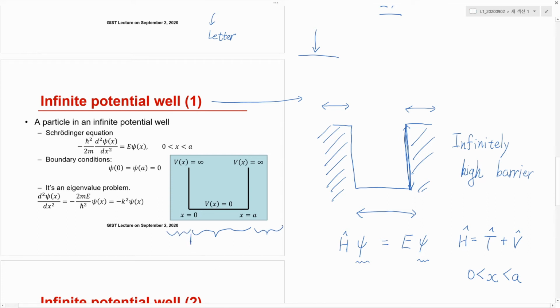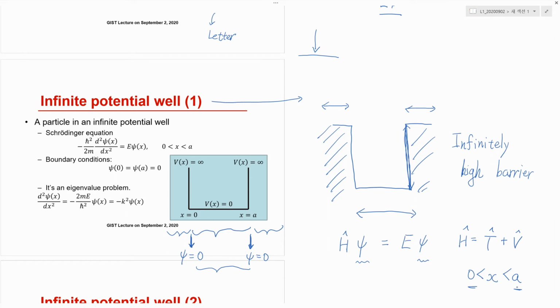So for the boundary conditions at the boundary points x equal to 0 and x equal to a, we are saying that psi should vanish. Psi should also vanish at x equal to a, and in between, x larger than 0 and smaller than a, we have just a flat potential whose value is set to 0.